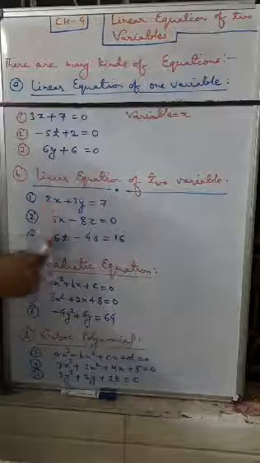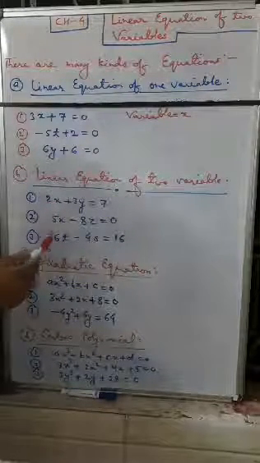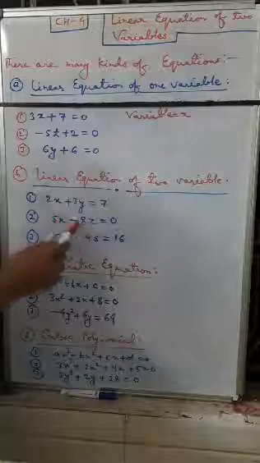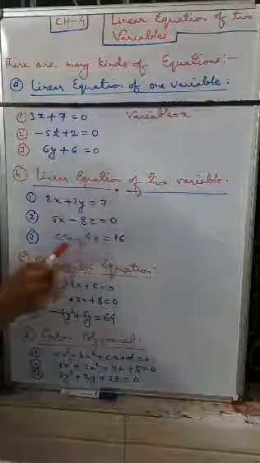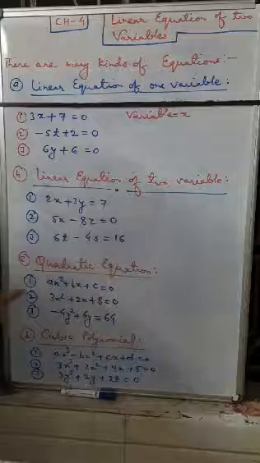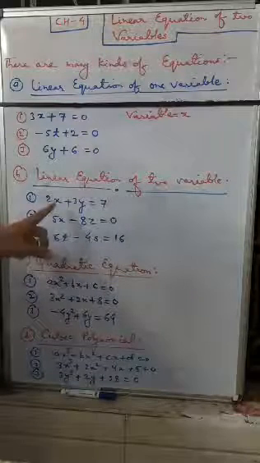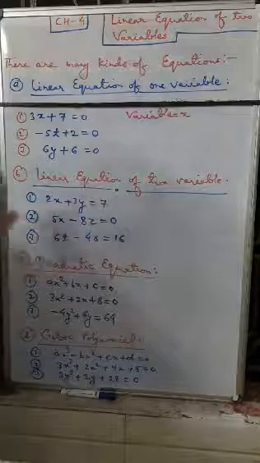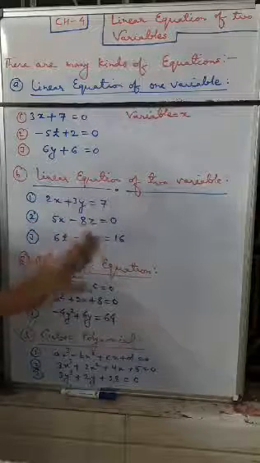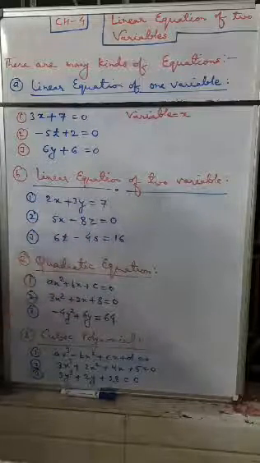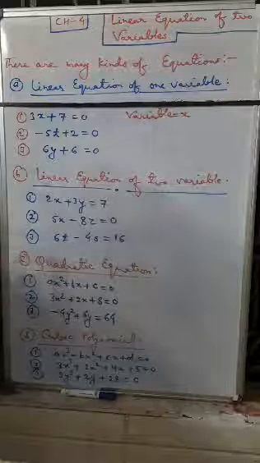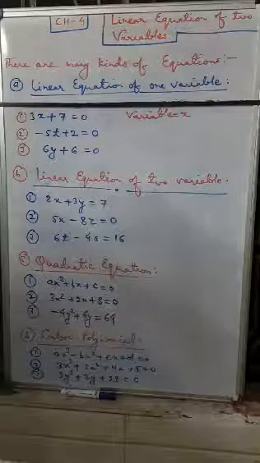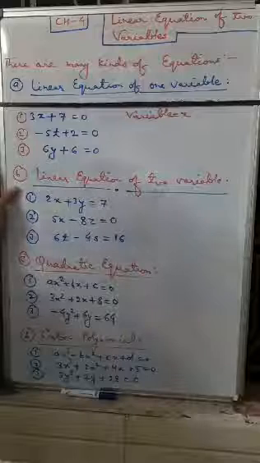You are looking at three examples of linear equation of two variables. Here x and z are two variables, here t and s are variables. It does not mean the equation belongs only to x and y variables. It can be x or z, or t or s, or p or q, r or s. Many kinds of variables are possible in such an equation.